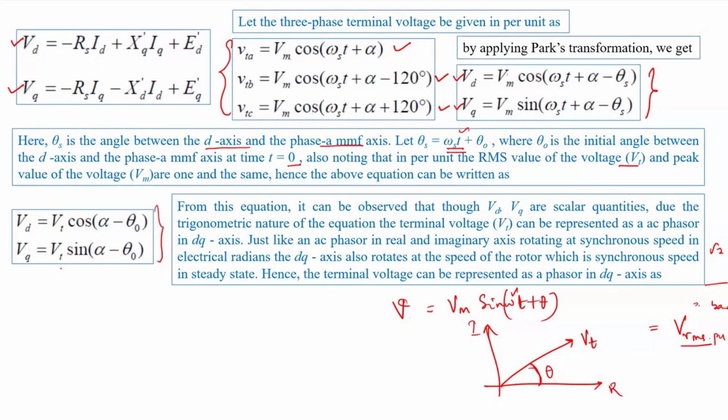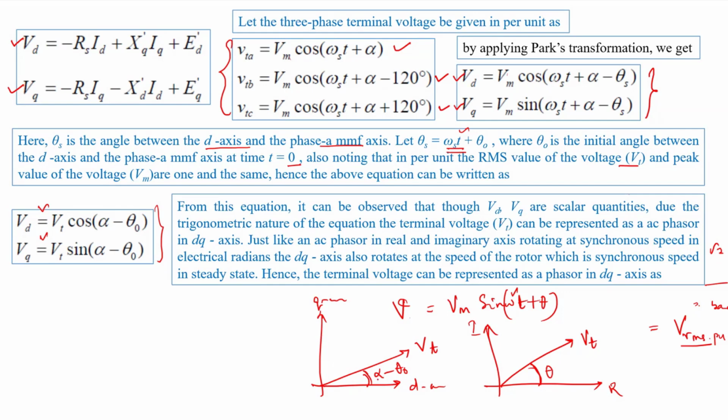Similarly, I can represent the two quantities Vd and Vq in the dq axis. Here I can draw the d axis and q axis and represent Vt, which makes an angle of alpha minus theta naught with the d axis. It is exactly similar to representing a signal in real and imaginary axes.